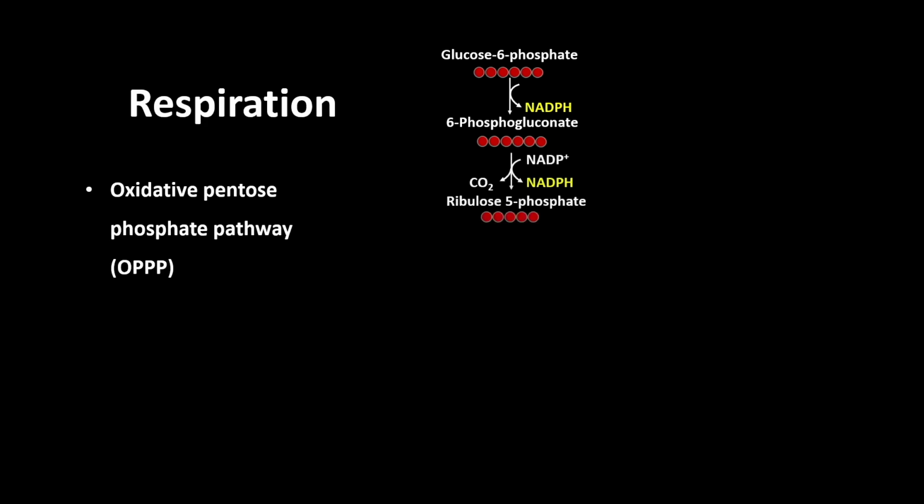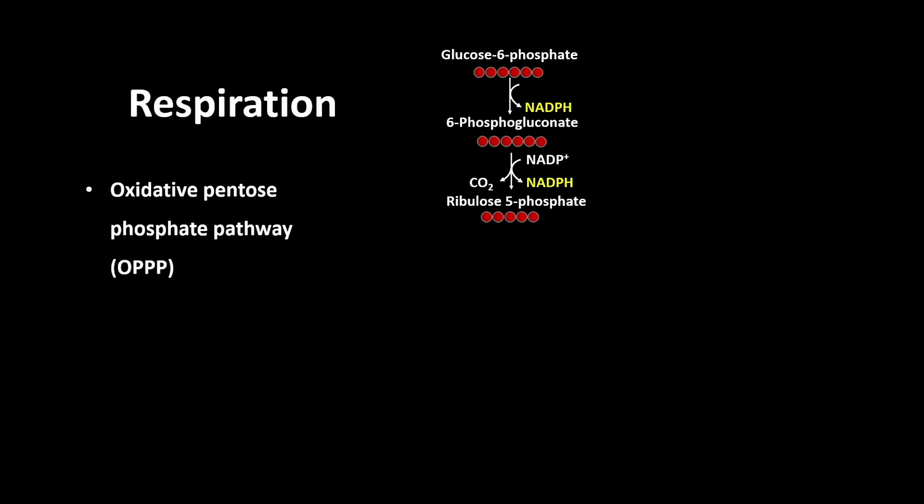Note that here we have NADPH, which has an additional phosphate group compared to NADH that we talked about in glycolysis and the TCA cycle. Both NADPH and NADH are electron carriers. NADPH can donate electrons to help with building other molecules such as lipids.